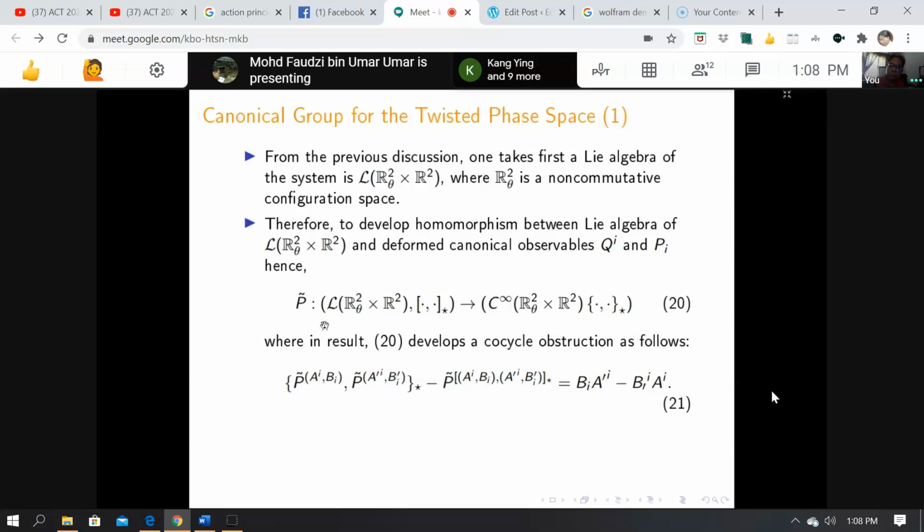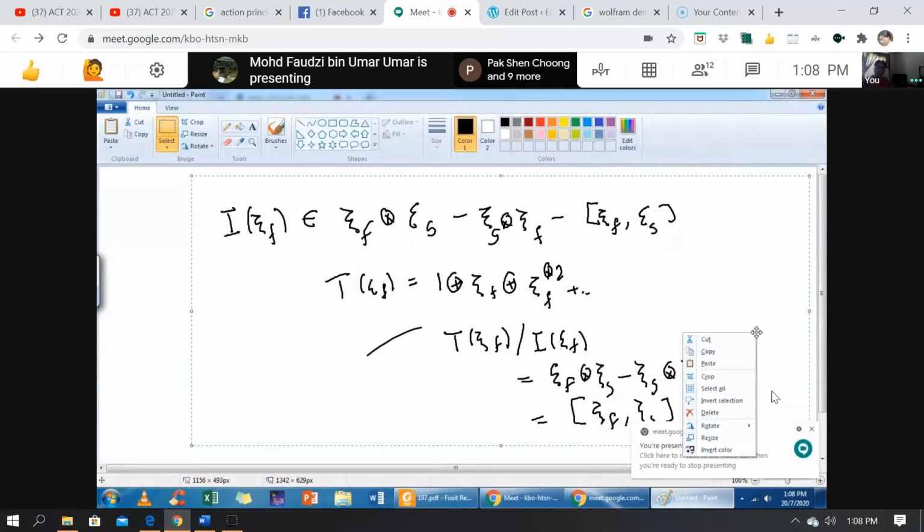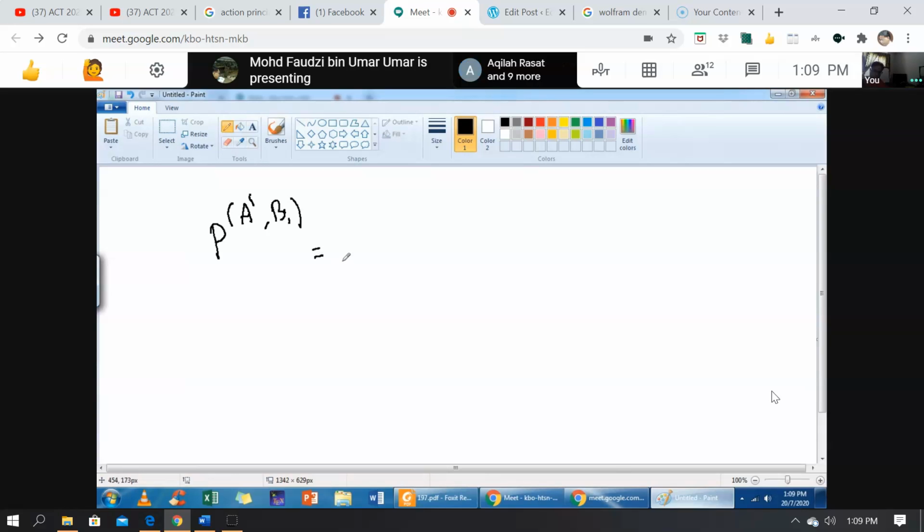What does P mean here? Here the canonical one produces P_i again, plus Q_i. This is not a vector field, but it produces P_i again.